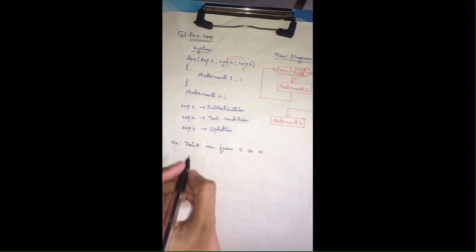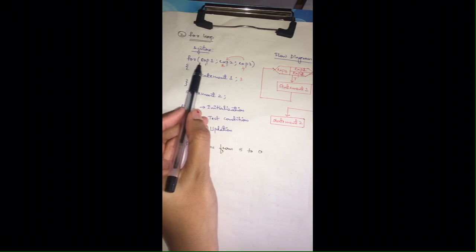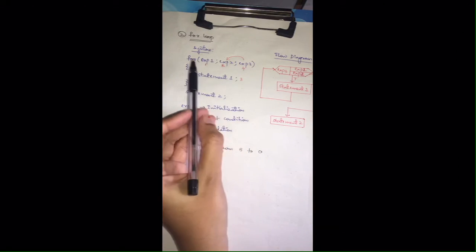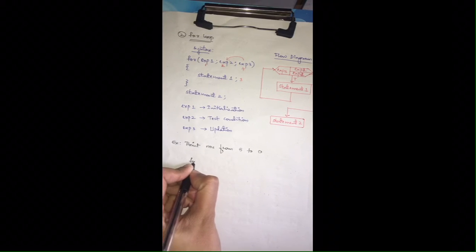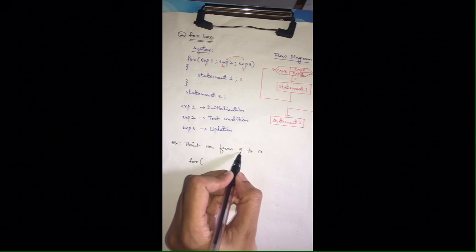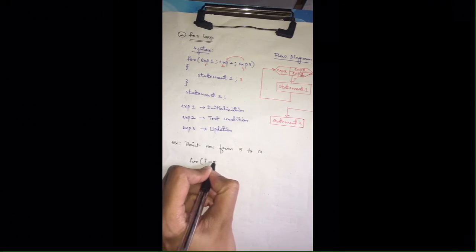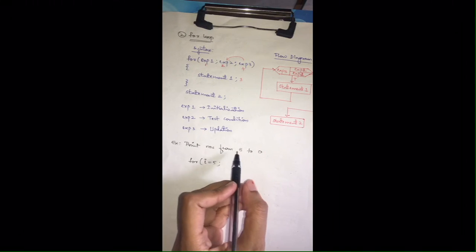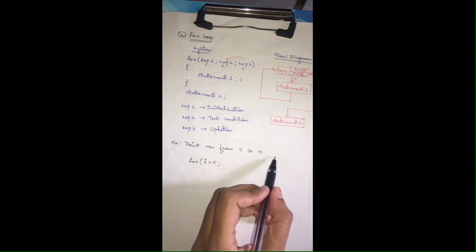Okay, so I'll just write the statement here. As we can see, in a for loop we have everything, that is initialization, test condition and updation, written in one line, separated by semicolons. As we are starting from the number 5, I'll initialize the loop as i equal to 5, and then we need to move in the backward direction, 5, 4, 3, 2, 1, 0.